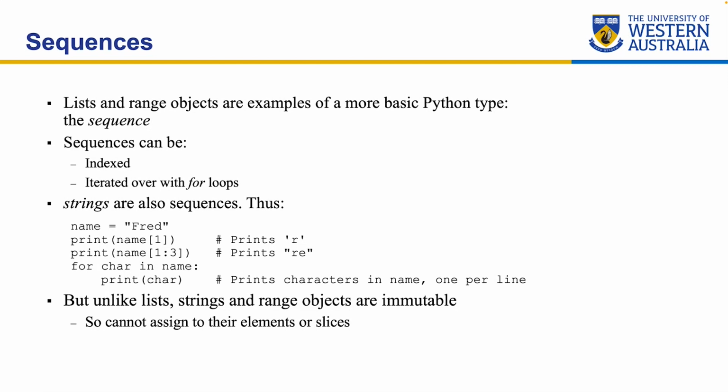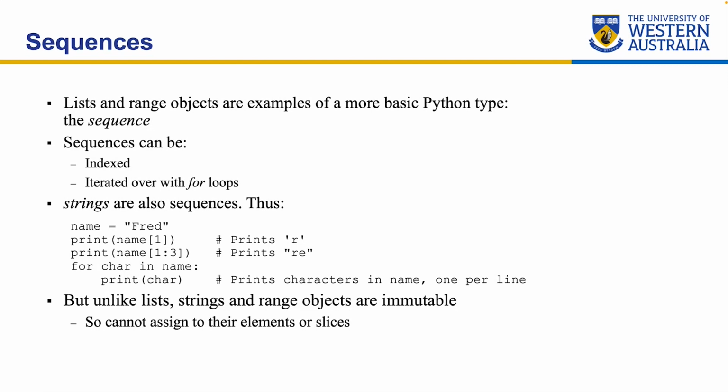So you can try this code yourself. Just like list slicing, you can slice strings as well because they are part of the sequence in Python. So for char in name, you can print char. This will print out each character in the name, one per line.